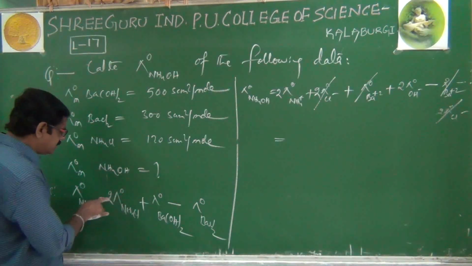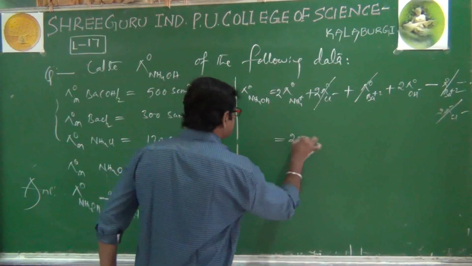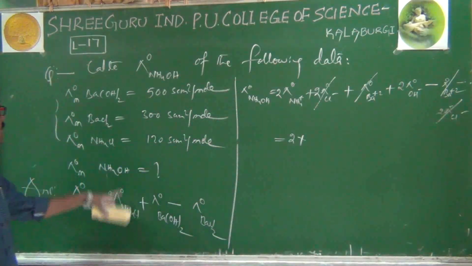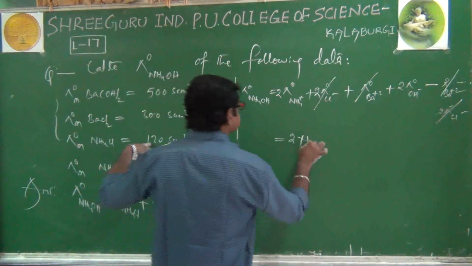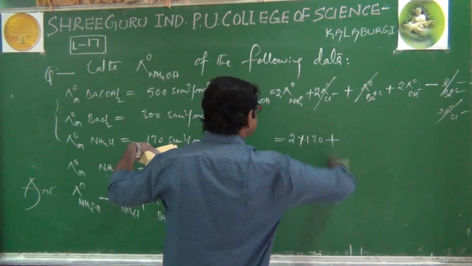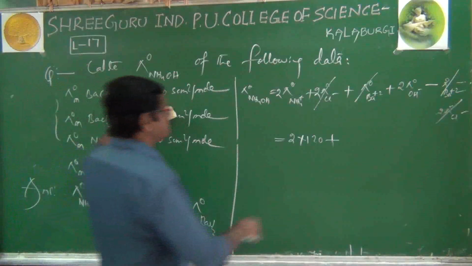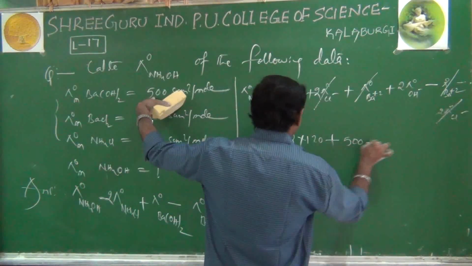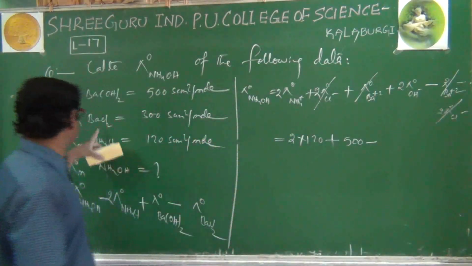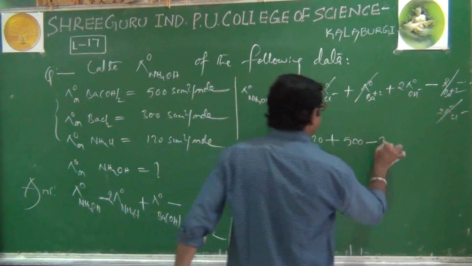We'll see then. Here, 2 into the ammonium chloride value, which is 120, plus the barium hydroxide value, which is 500, minus the barium chloride value, which is 300.